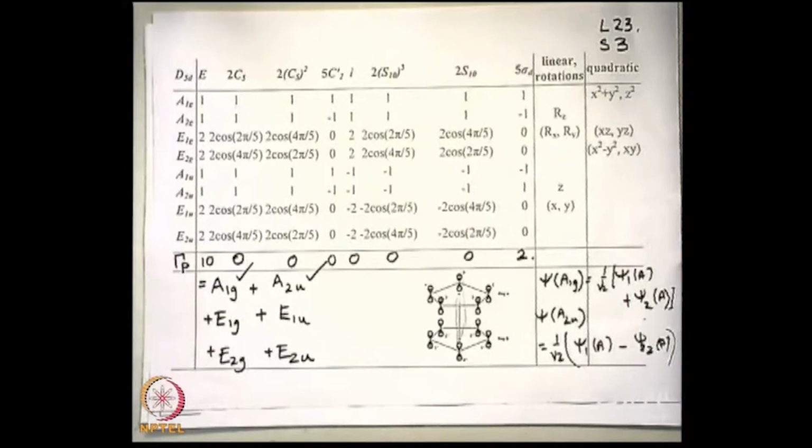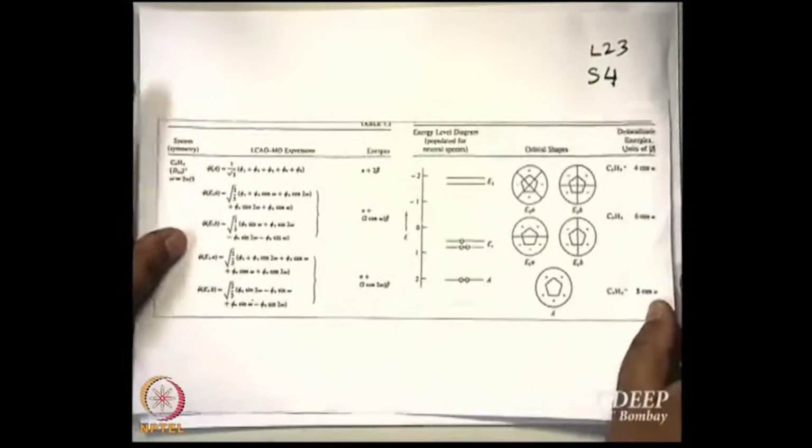How will I do it? For E1G and E1U, what should I combine? Right. So tell me then, what is psi E1GA?